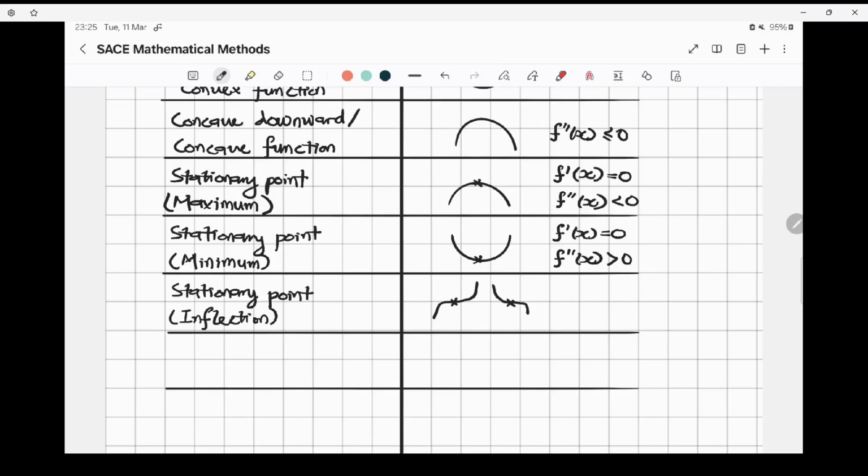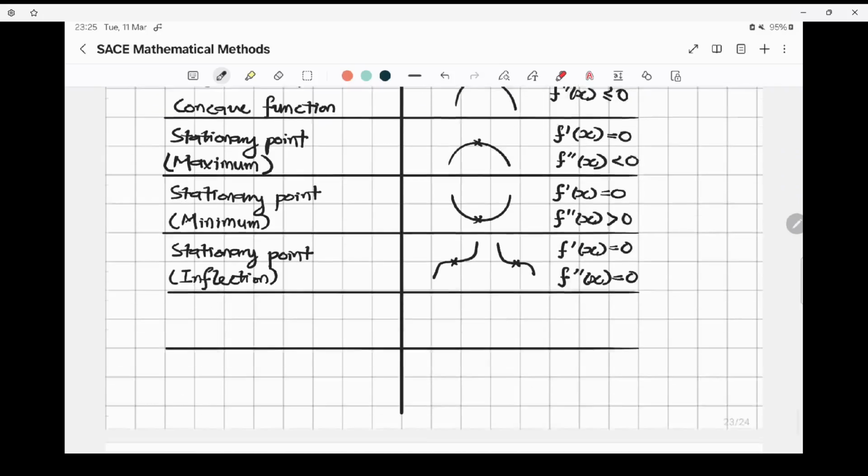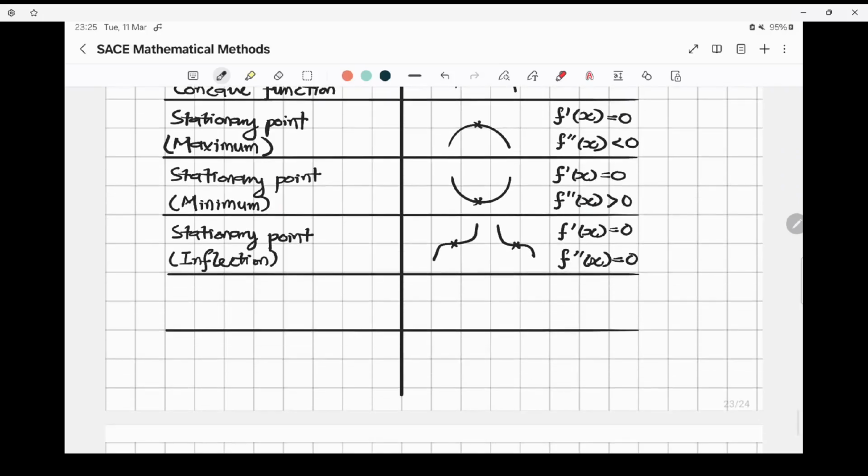If you see this kind of shape of graph, definitely there is a stationary point of inflection. When it is stationary, it means that the gradient at that particular point is a straight line. So it means that your f prime x equals 0, and your f double prime of x also equals 0. So those are the stationary points.